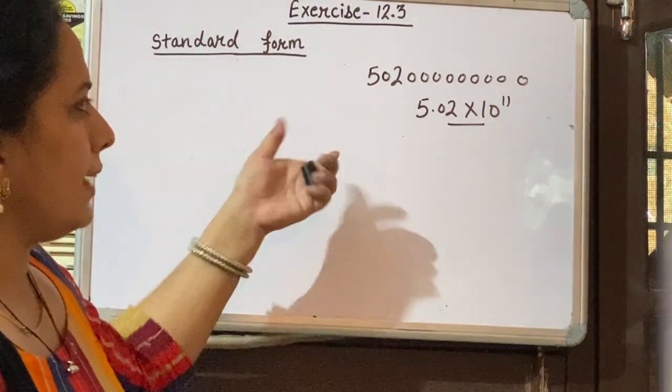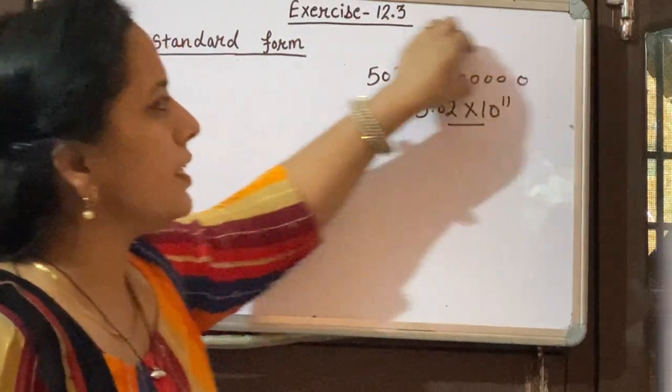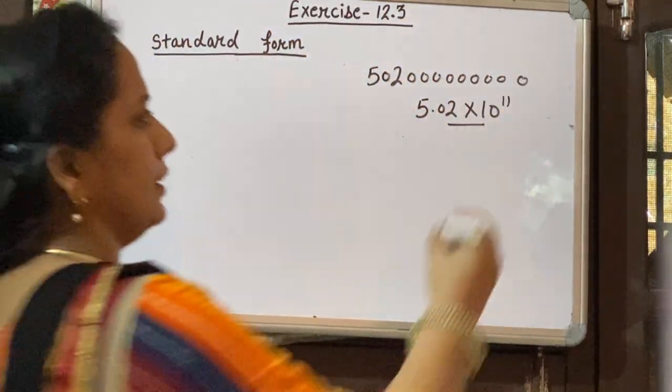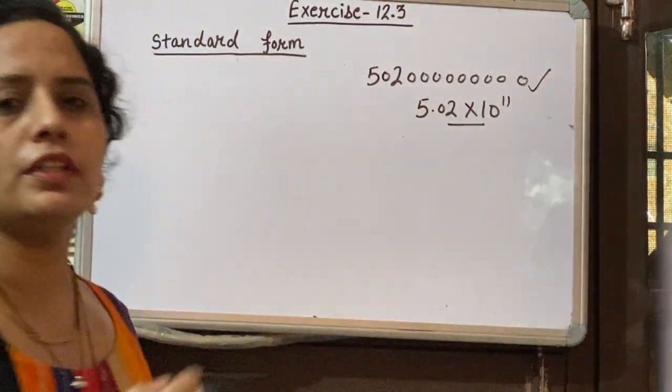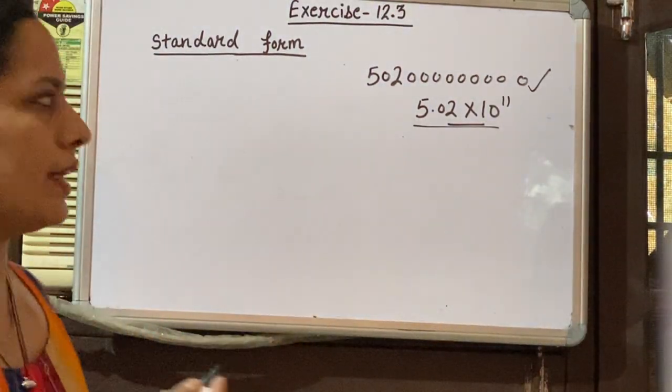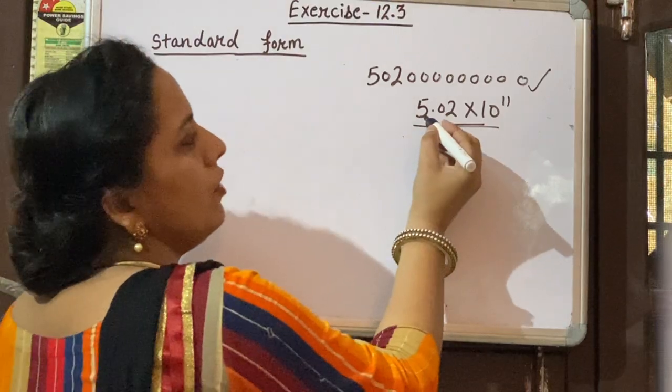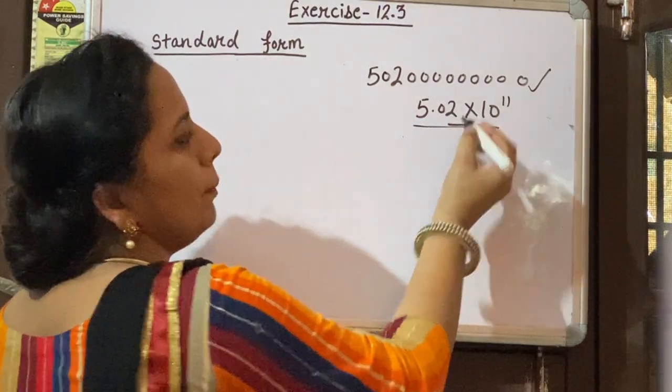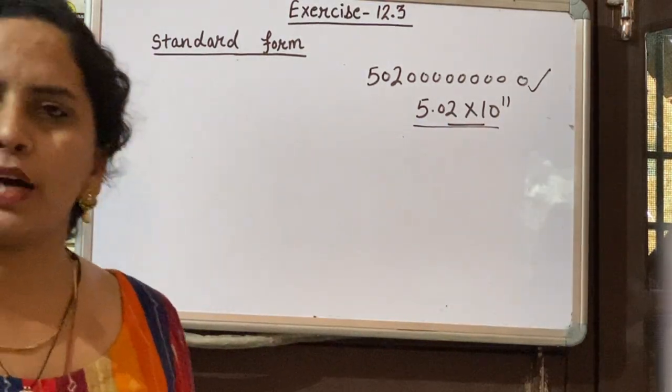As you can see, this number is very difficult to read, but this number is very easy to read. We can say that this is equal to 5.02 multiplied by 10 raised to power 11.